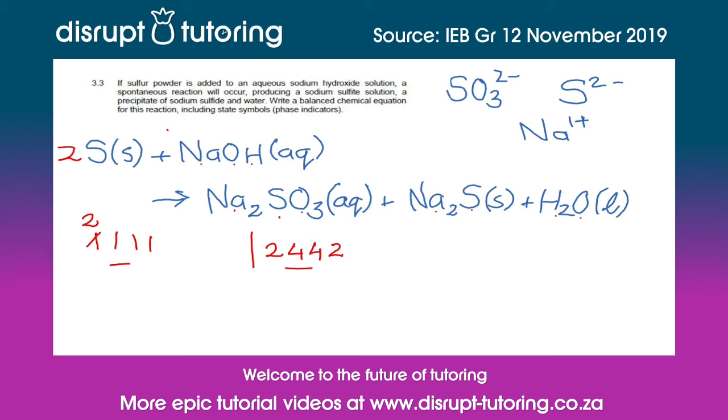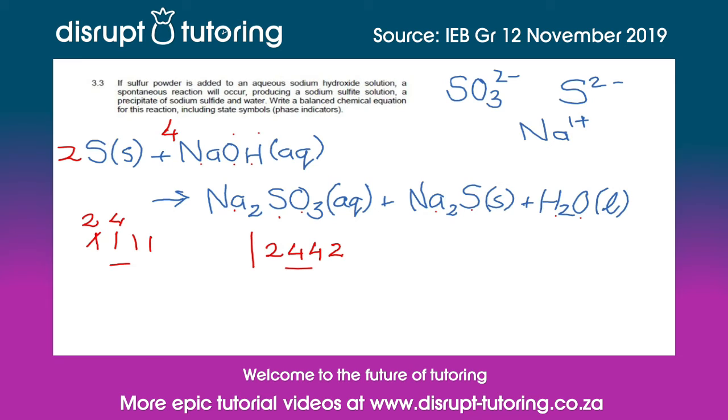So if we try putting a 4 in front of the sodium hydroxide, then we have our sodium atoms balanced. But now we've also included 4 oxygen atoms over here and 4 hydrogen atoms. So that balances the oxygen as well, but it doesn't balance the hydrogens because we only have 2 hydrogen on the right hand side, where we now have 4 on the left hand side.